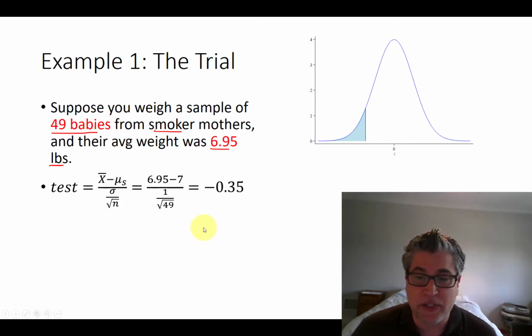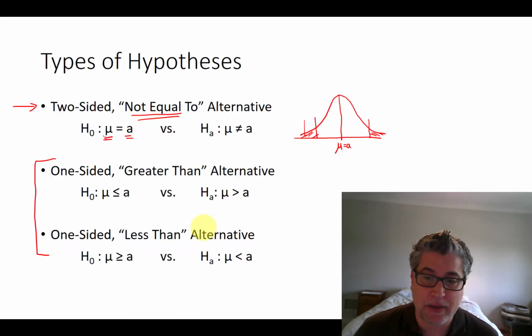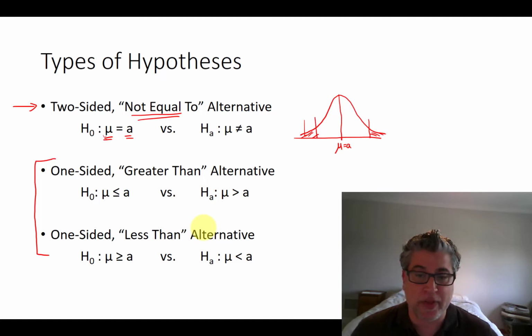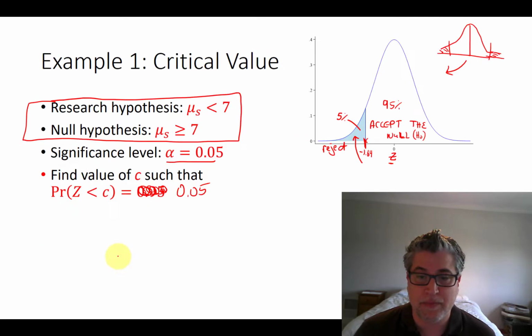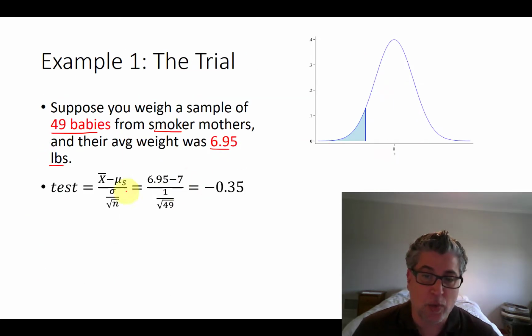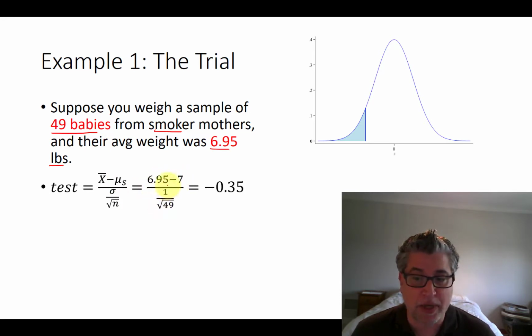And this is where it's useful, by the way, that the null included the equals, because that's what this says here. We're subtracting off the mean from the null hypothesis. Okay, so 6.95 minus the hypothesized mean divided by the standard error. Plug in a 1 for your standard deviation. That was given to us. We said our sample size was 49, so the square root of 49 is 7. And so we just plug that into a calculator and we get negative 0.35.